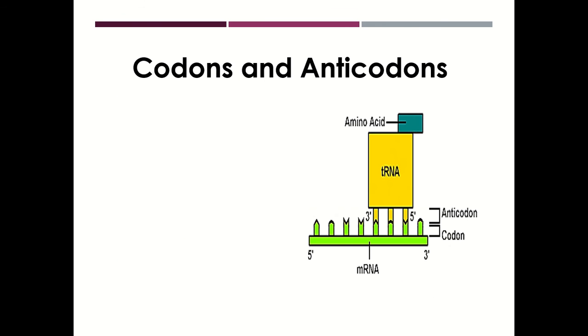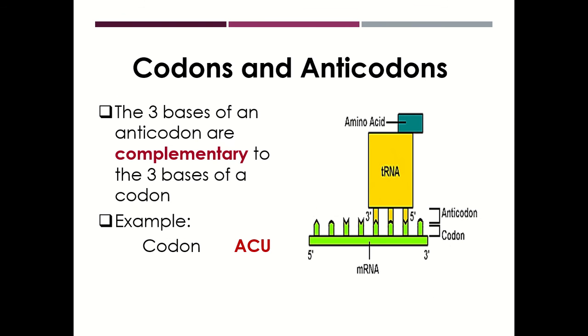So these are the codons and anticodon. So we have the 3 bases of an anticodon. So these bases are complementary to the 3 bases of codon. So example ng codon ay ACU. So ito yung codon nasa ilalim kasi ito yung single strand. Tapos ito yung template, yung kanina.